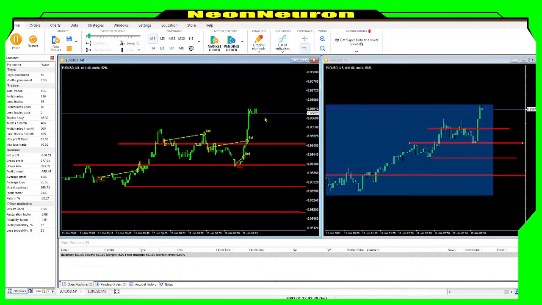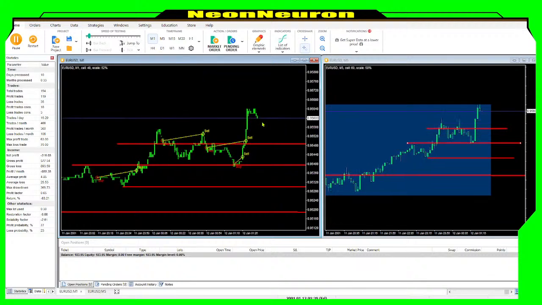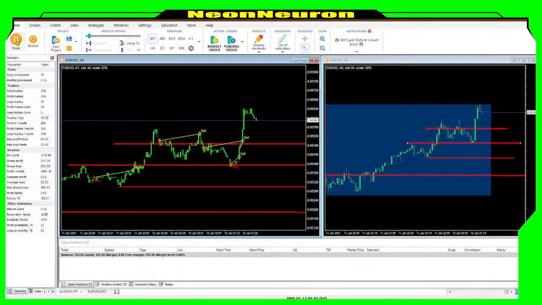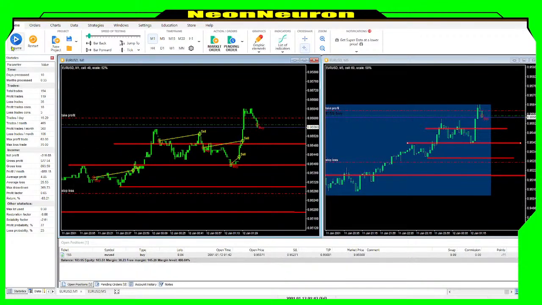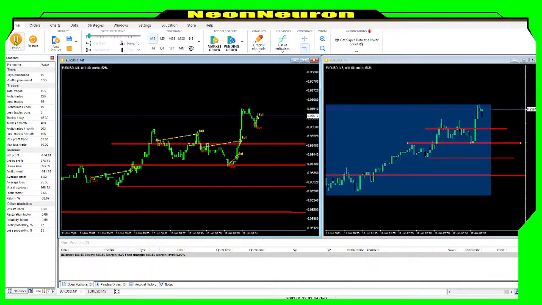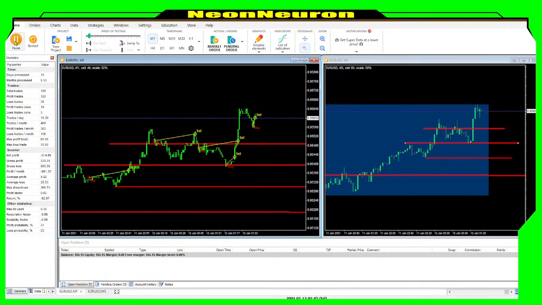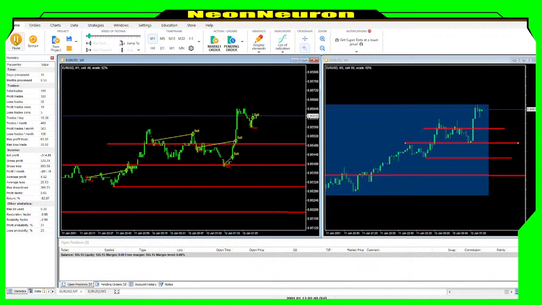We have a nice range building right here. I'm going to go ahead and go in for a buy. And that one closed almost immediately. It's very nice.